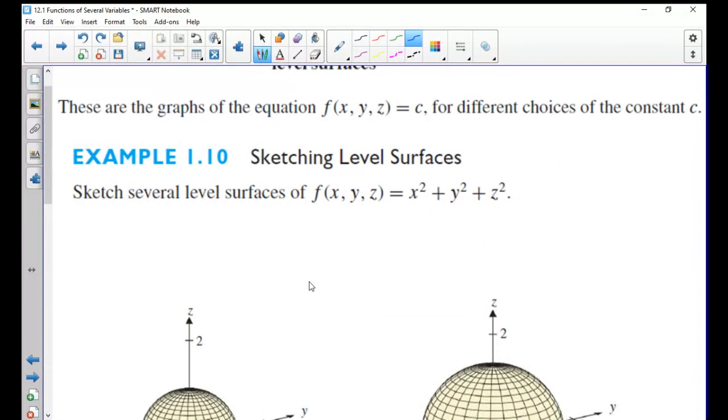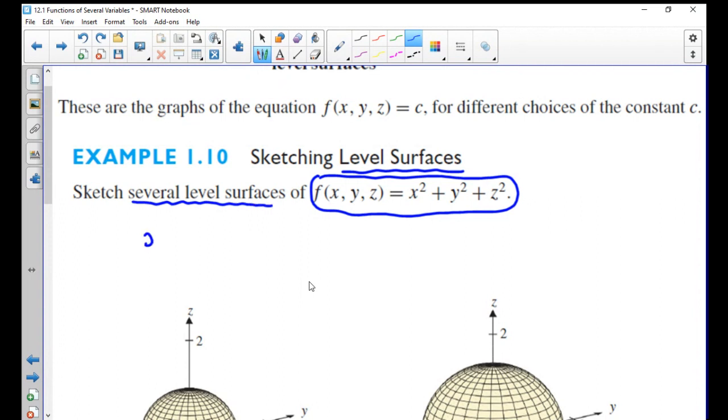Now, in 2 dimensions, we have level curves. For 3 dimensions, we have level surfaces. So it's the same idea. So I want level surfaces. So what do I do? x squared plus y squared plus z squared equal to c, yeah, to c.